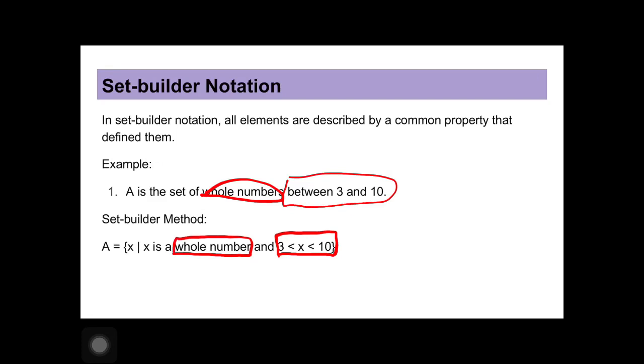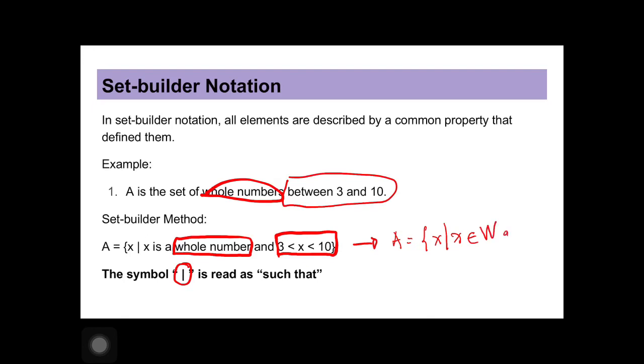Okay, and then the whole numbers here would be this one. Whole numbers. Okay, what does this symbol mean? This symbol means such that. Okay, so the symbol is read as such that. Okay, in most cases, we can write A is equal to X such that X element of W and 3 less than X less than 10.